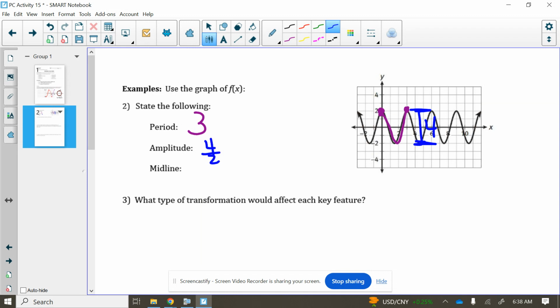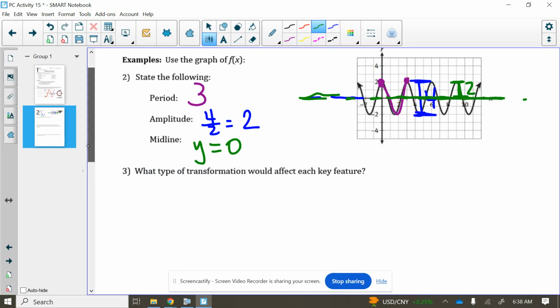If we cut that in half, 2 would be our amplitude. Another way of thinking about that is that our amplitude is the distance from the midline to the max. Speaking of midline, this time our midline is the x-axis, y equals 0, which we could draw in halfway between our max and our min.